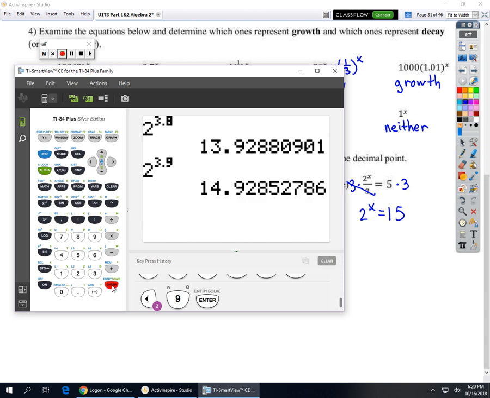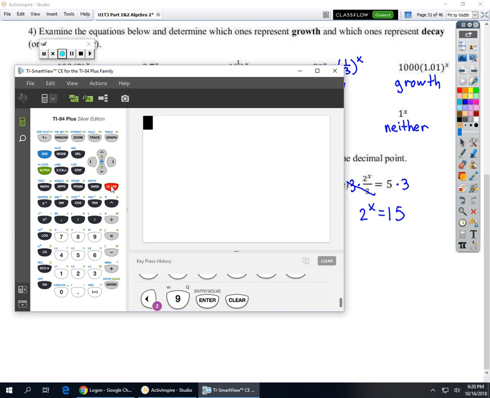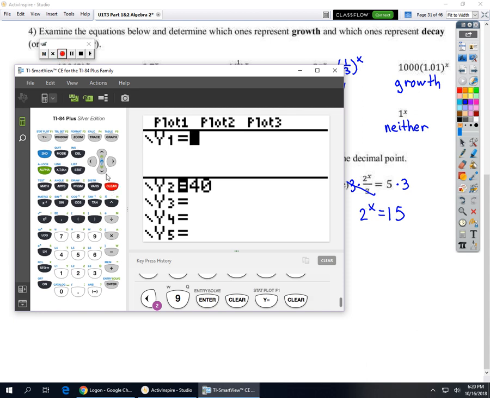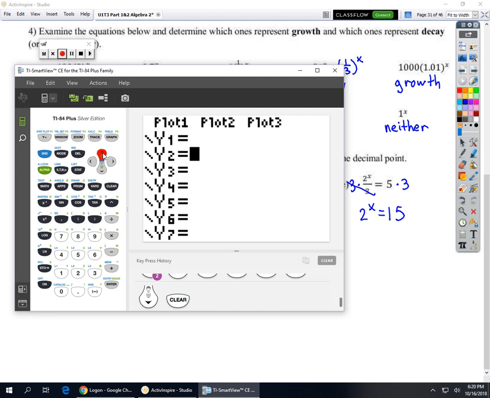And that's close. 2 to the 4 is 16, so it's between 3.9 and 4. So I'm just going to keep doing this over and over again. It is really boring. So you could do it that way, or you could actually put both of them in the equation. Well, I've already done it, so I can actually do 2 to the x in one equation and 16 in the other.